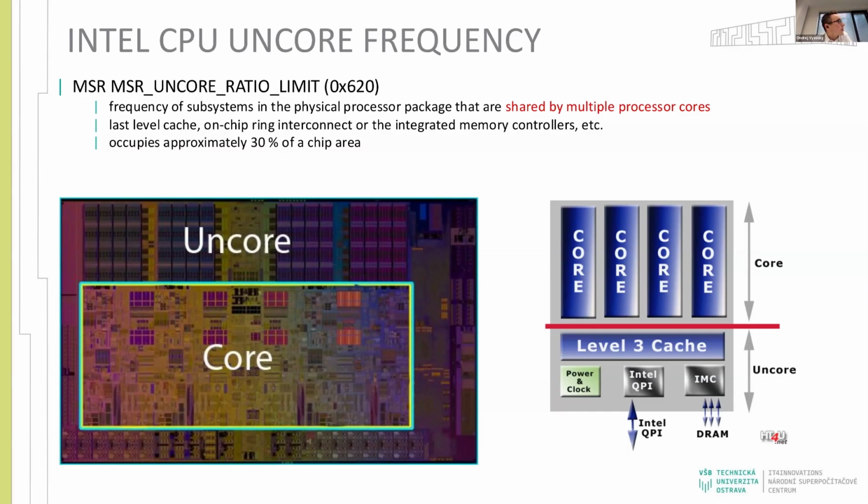This area has its own frequency and impacts the shared resources, for example, the last level cache or interconnect. So the uncore frequency impacts the memory-bound workloads, while obviously the core frequency impacts the compute-bound workloads.